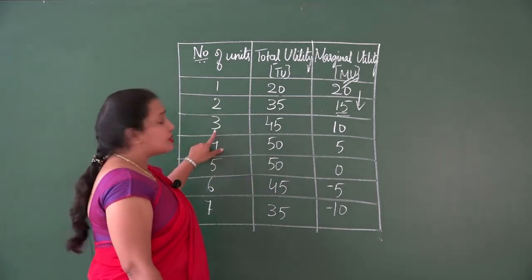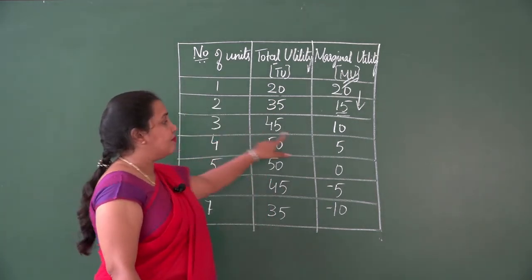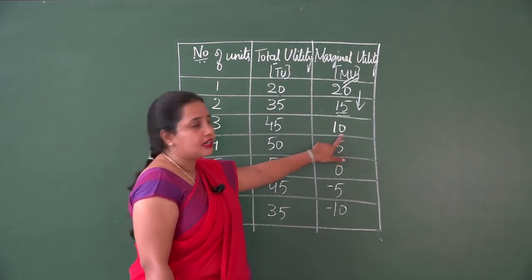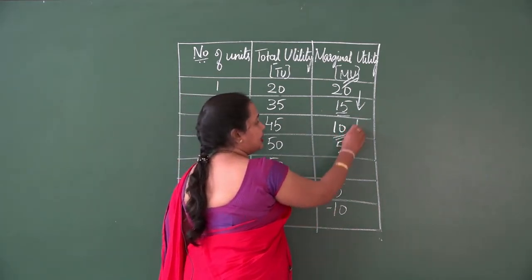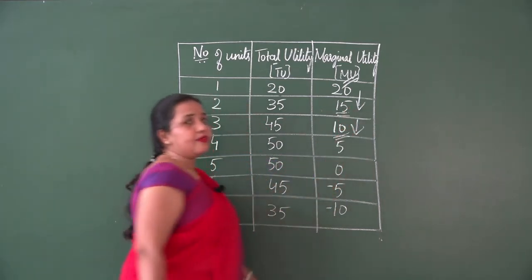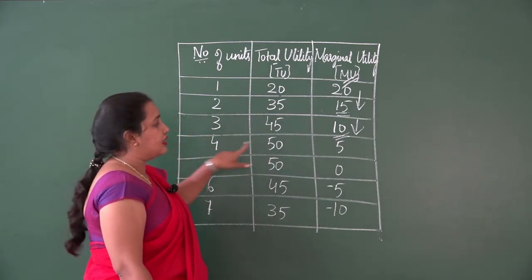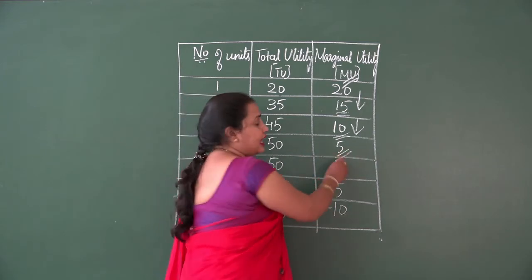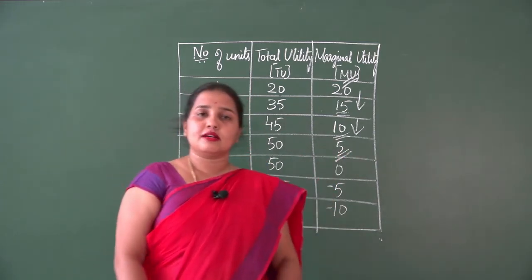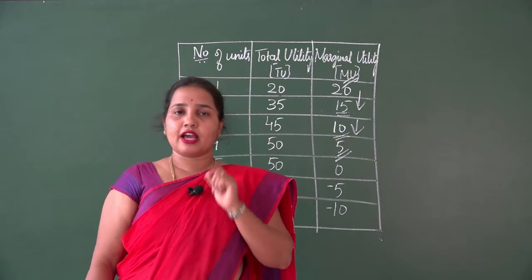Let us also consider what happens when he goes with the consumption of the third unit. When he consumes the third unit of the commodity, the utility further declines to 10, from 15 to 10. Likewise, when the consumer goes on consuming the fourth unit, the utility derived from the fourth unit is just 5.